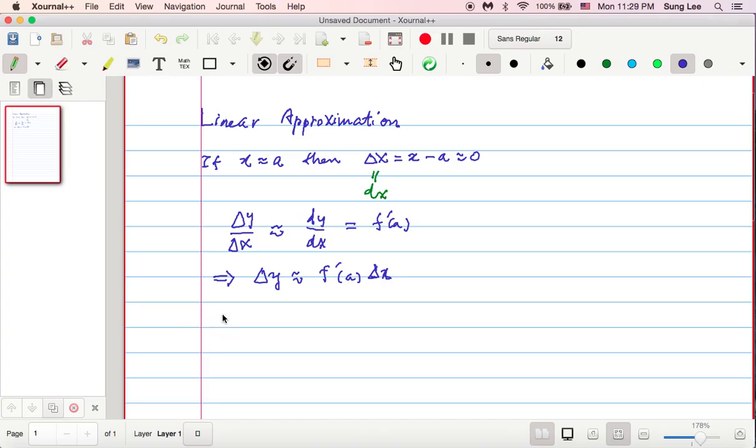On the other hand, this delta y is f of x minus f of a.